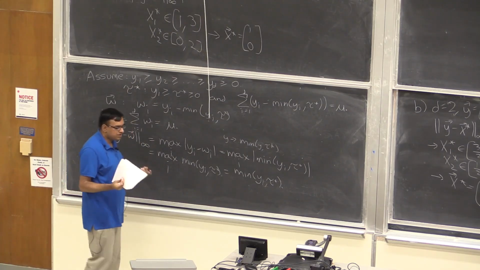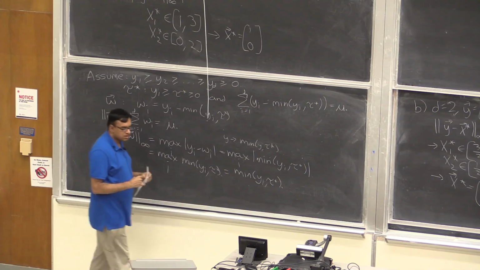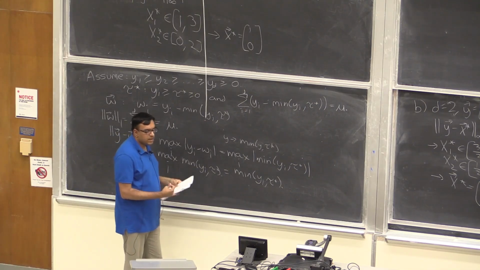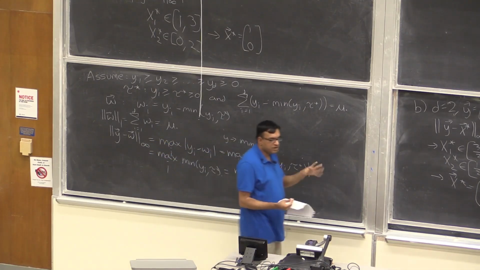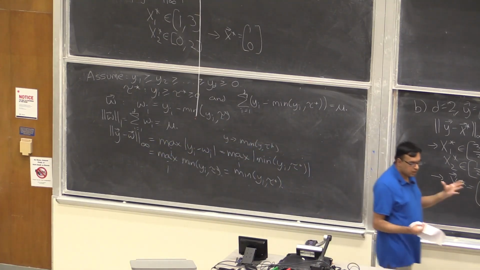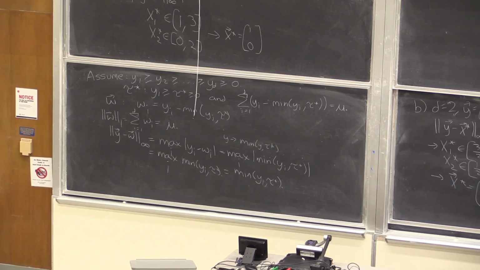This is a theorem: if you have a problem and apply a monotonically increasing, or non-decreasing, function to the objective, it will not change the location of the maximizer.